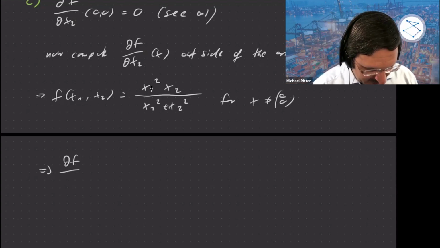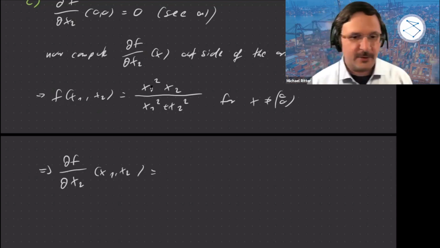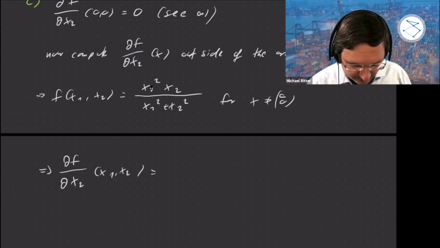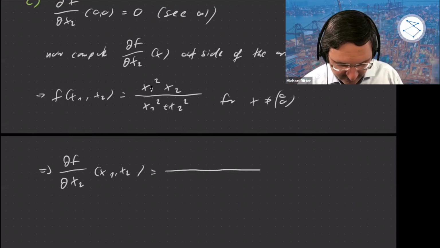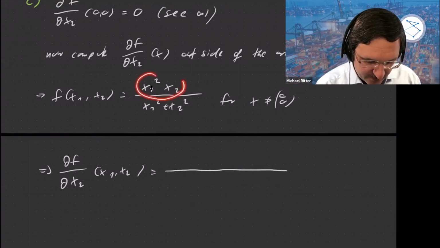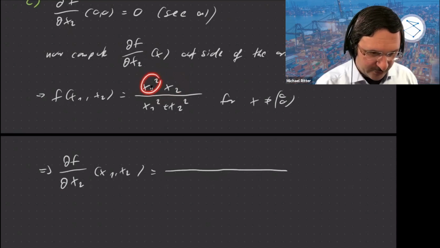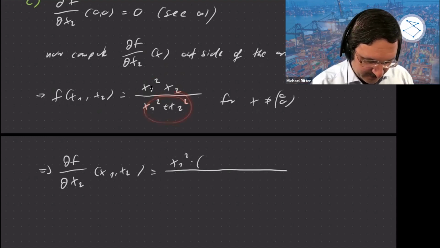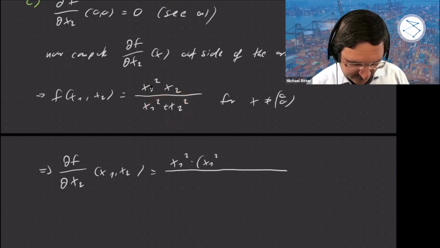So df by dx2 of x1, x2 is, we need to use the quotient rule as usual for that. So first we take the derivative of the numerator with respect to x2, that's simply x1 squared. We multiply that with the denominator, that's x1 squared plus x2 squared.